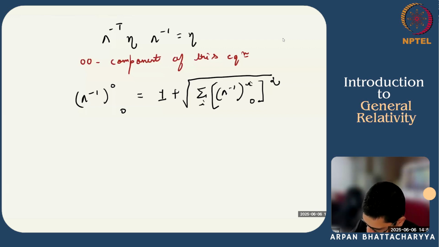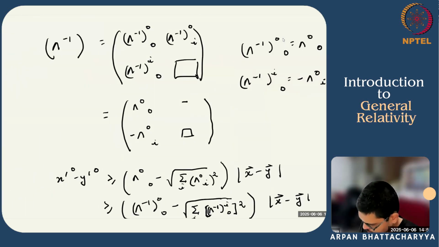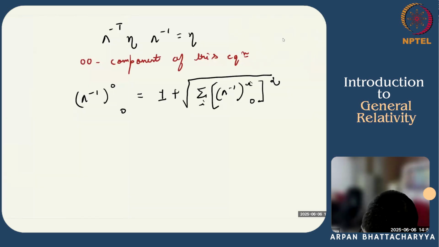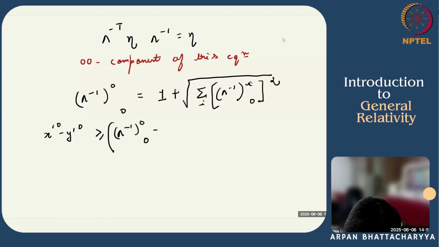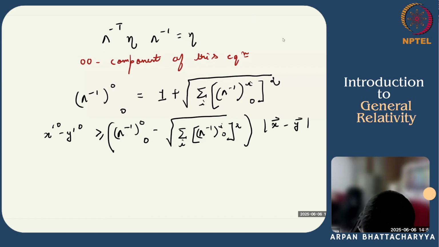So now if you look back, you can replace this lambda inverse here, and this will simply give the following: x, y. And if you put it here, this term will cancel.